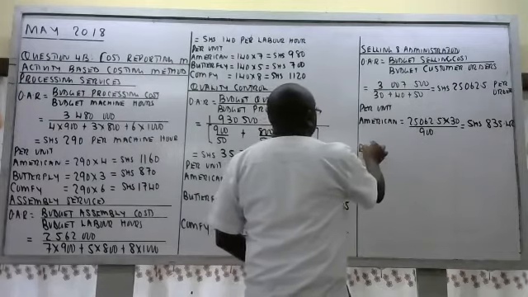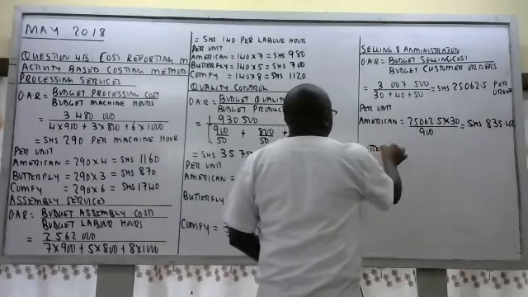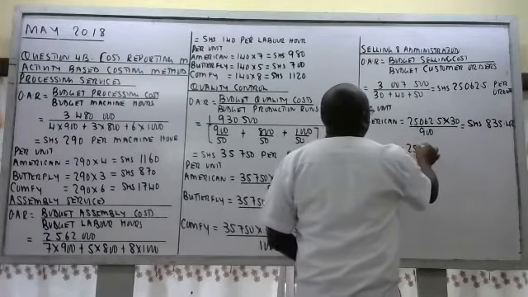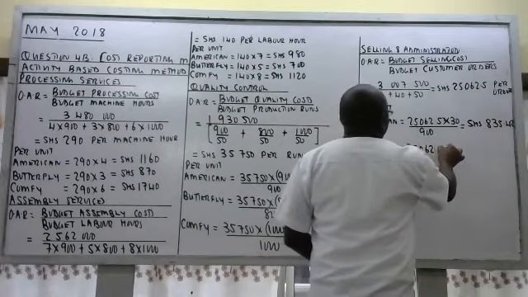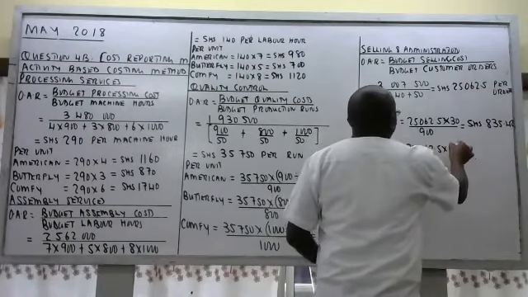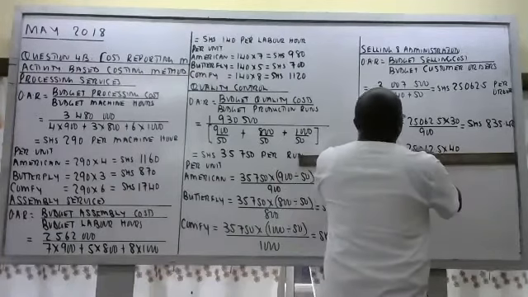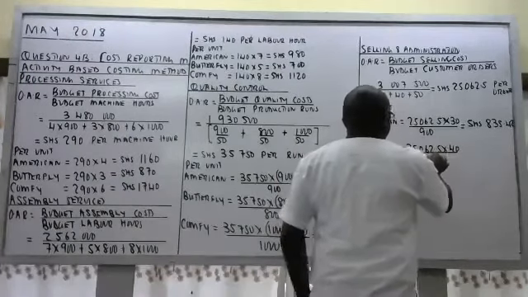Then for the butterfly, it is the same. 25,062.5 times 40. You divide by 800.